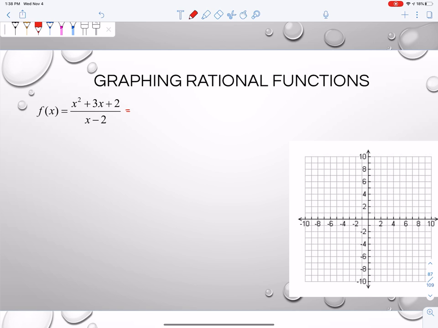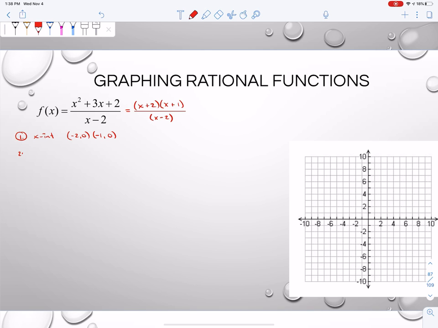I still need to go through the same process. I still need to factor my numerator and my denominator so that I can see if anything cancels, and I can also come up with all of the different pieces in my 6-step process. So we're going to have x-intercepts at -2 and -1.